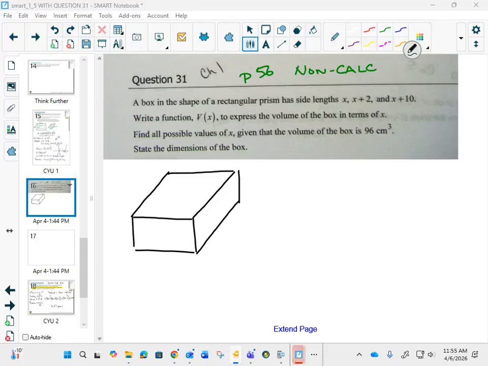We know the side lengths are x, x plus 2, and x plus 10. So we draw our picture, write a function, the volume of x. Well, that's length times width times height.